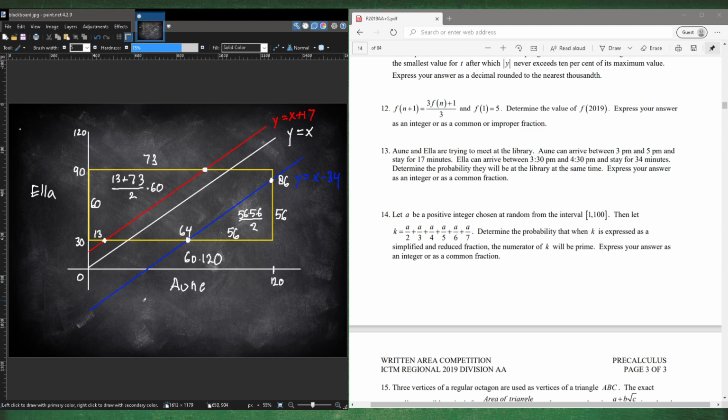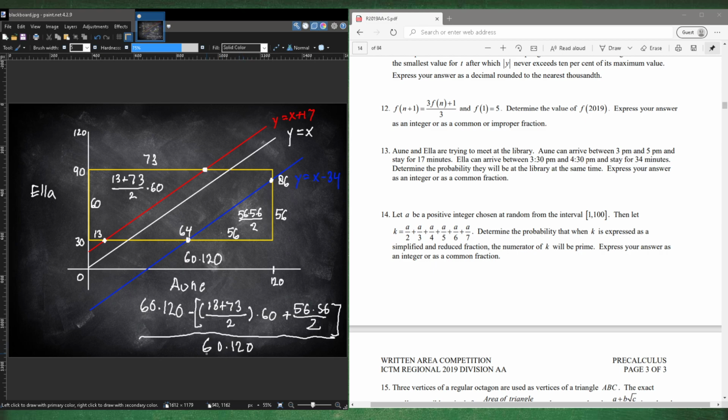We could just have 60 times 120 minus the two areas that we need to add together: 13 plus 73 over 2 times 60, and then make another bracket, plus the area of the triangle, 56 times 56 over 2, and, oops, wrong bracket. And then that is the area of this region over the entire probability, which is just 60 times 120. So let's just do that in our calculator.